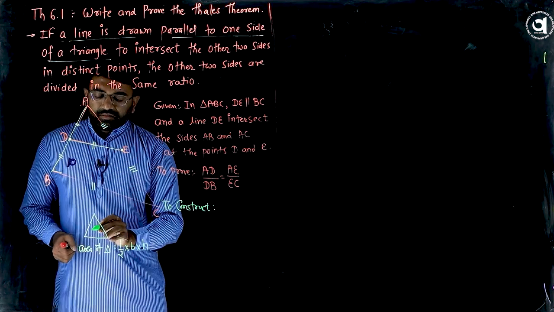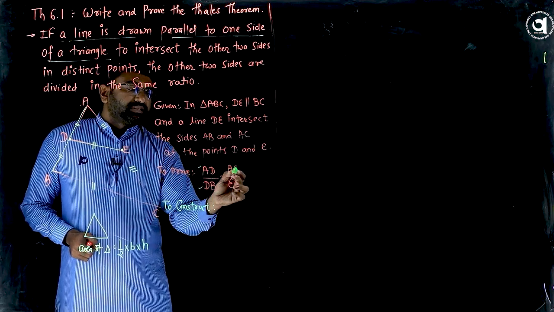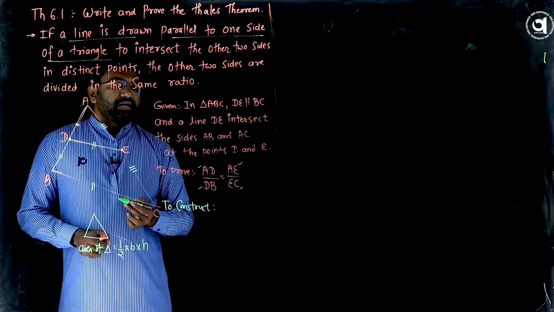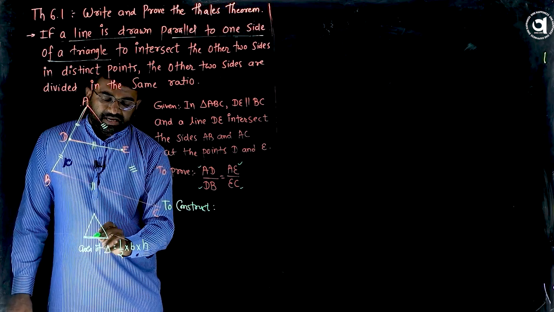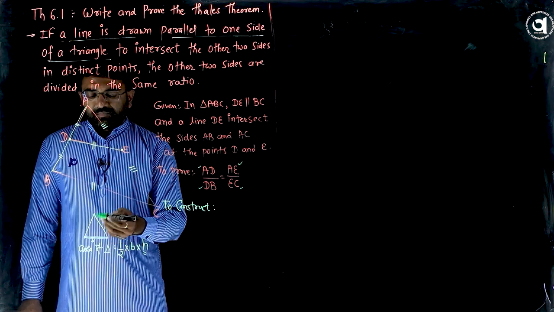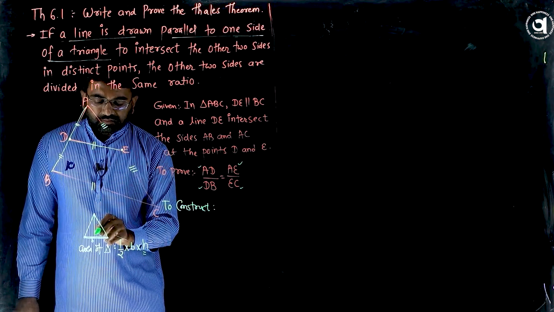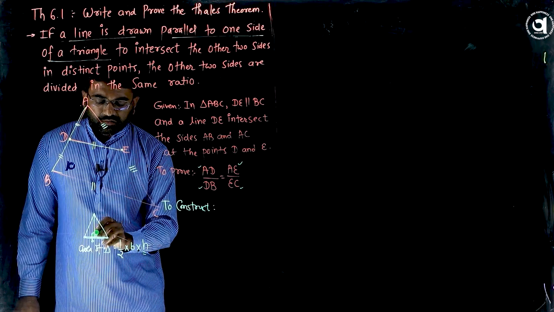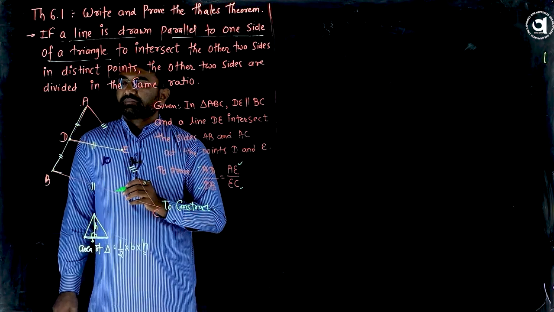So for that, one by one we have to write all these segments. We take a base and write the triangle's area. So for example, this is our triangle's base. Height means, from the opposite vertex we have to draw one perpendicular to this base, and it is called the height of a triangle.